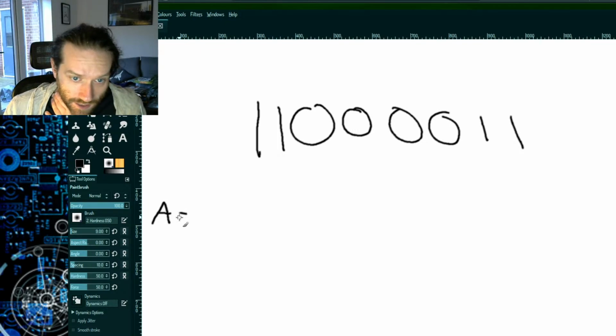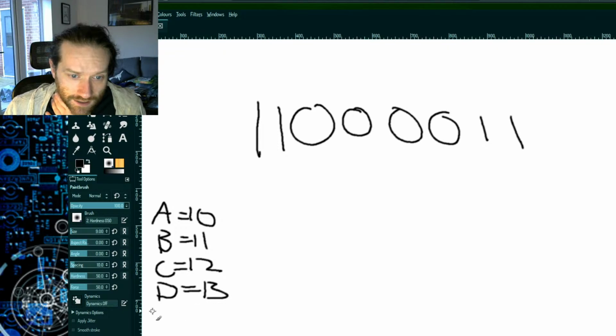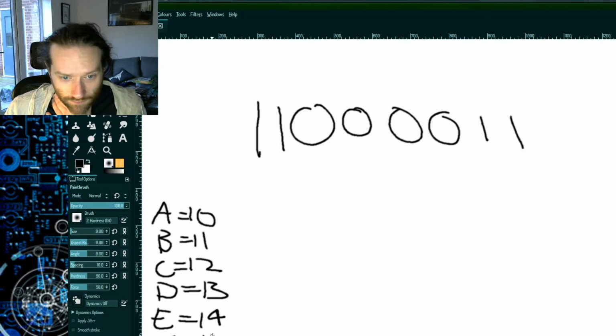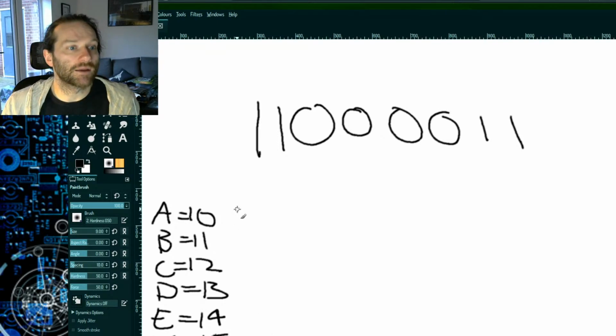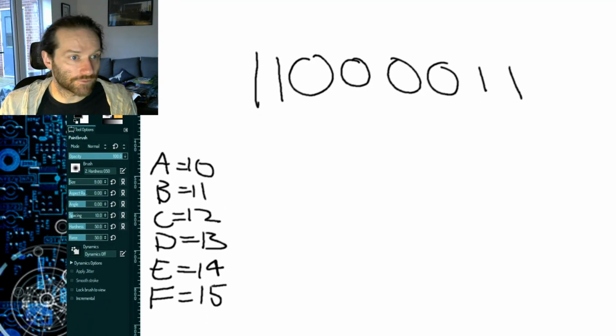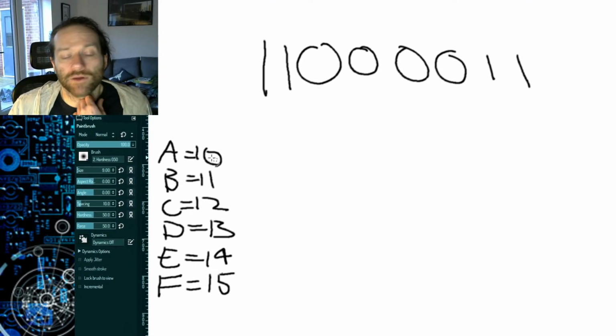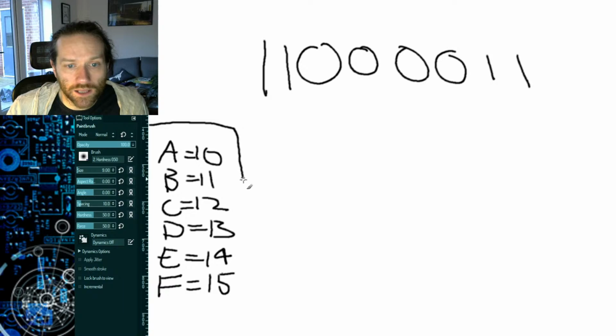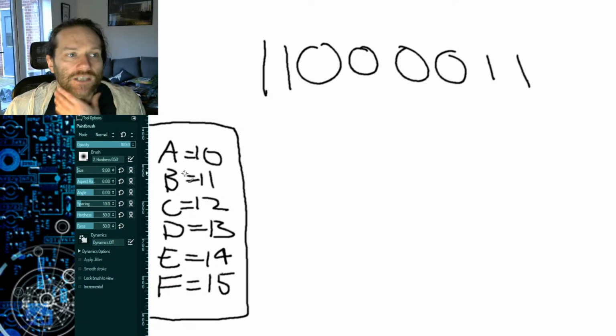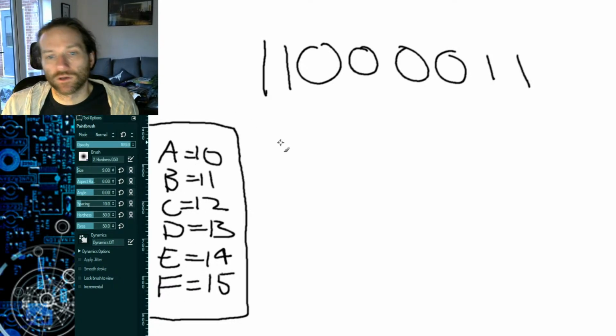A equals 10, B equals 11, C equals 12, D equals 13, E equals 14, F equals 15. Having that at the side will lighten your cognitive load. It means that you don't have to be worrying about what the different things are. You've created that table. You can use it to look up.